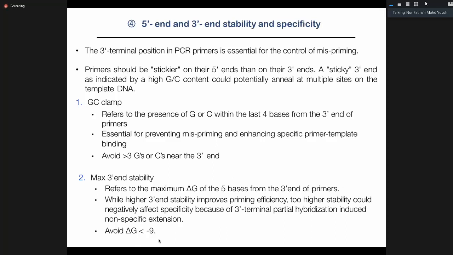So in this case, avoid delta G with a value less than -9. If you look here, avoid delta G less than -9, meaning you consider -8, -7, and so on.